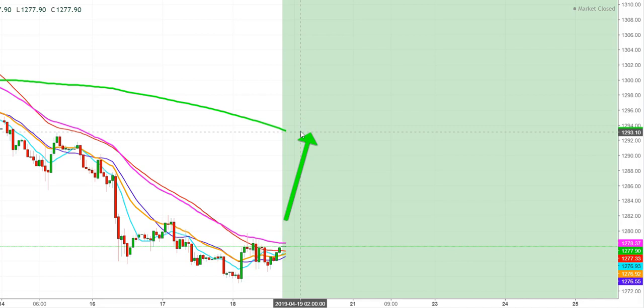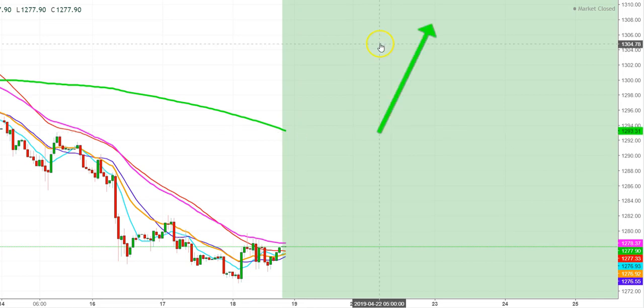$1293 on the first trading session of the upcoming week, where they will test the 200 days moving average, which will provide stiff resistance to gold bulls, but a sustainable move above the level of $1293 will encourage gold bulls to take sharp upward moves to achieve their immediate target of $1306.